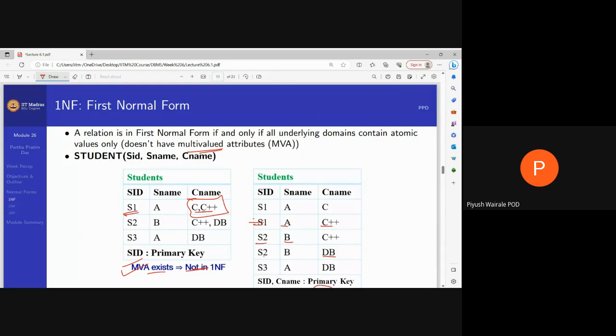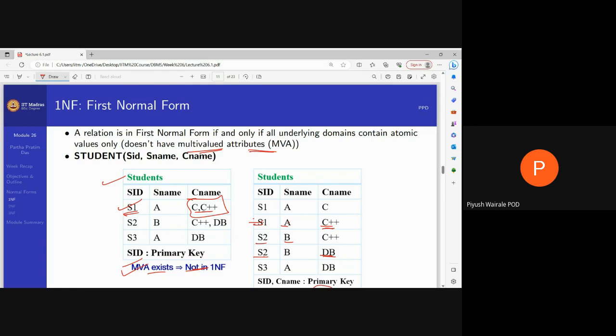So we divide this particular row into two rows: S1 A C and S1 A C++. Same for S2 B C++ and S2 B DB. This is how we can convert this table into 1NF, by simply removing the multi-valued attribute.